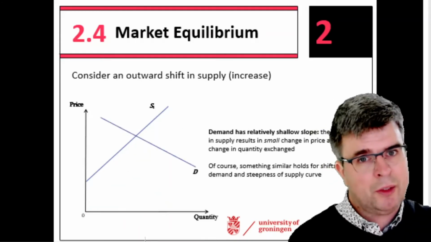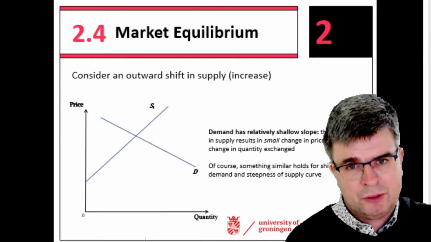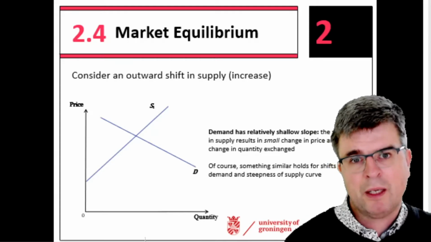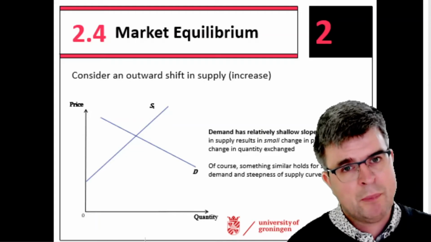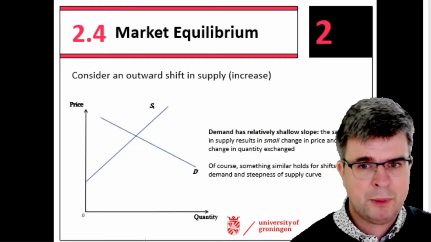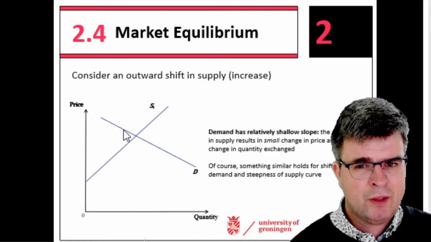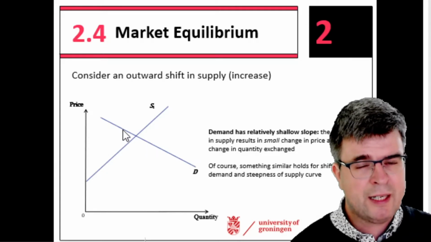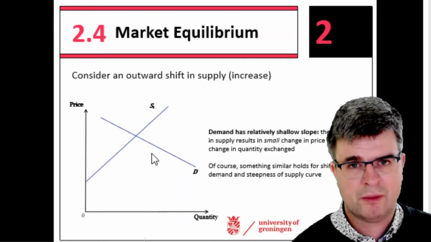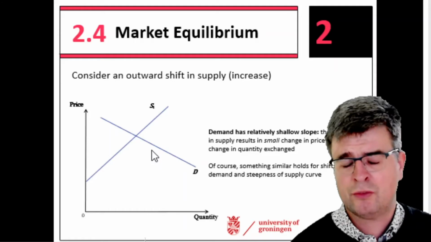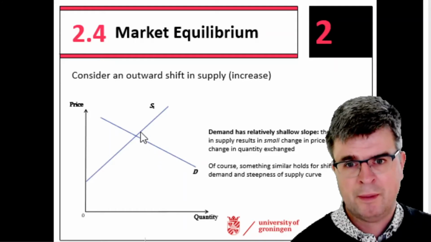Of course, other examples are there, so you can play around with this. This is the other situation. Suppose that the demand curve is quite shallow, which means that if only the price decreases slightly, you have a big impact on the quantity that's demanded. So consumers are quite sensitive to changes in price.